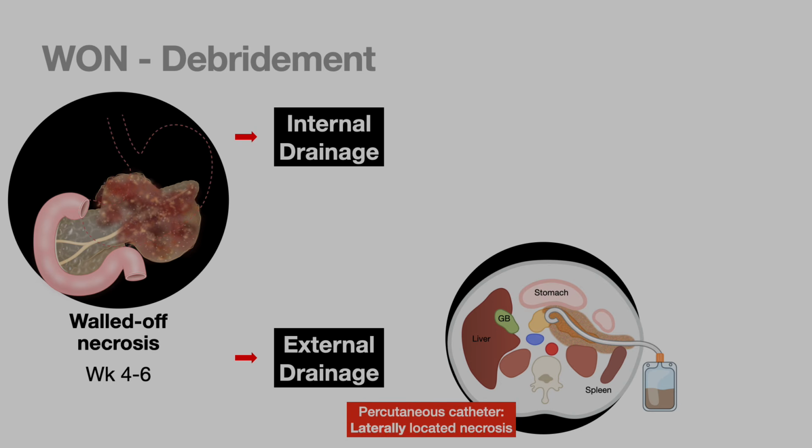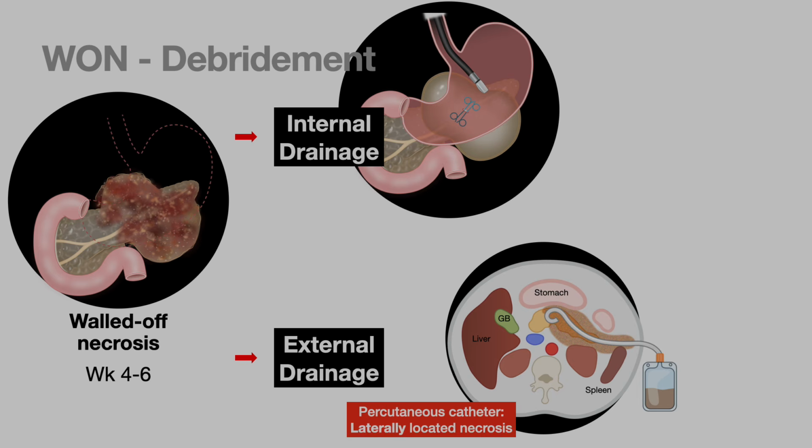And once you drain the fluid, and then if there is necrosis, through this percutaneous tract, one can do necrosectomy or removal of the dead pancreas tissue. Another option that is now very widely used is endoscopic drainage with the placement of plastic stents, especially if there is a lot of liquid necrosis that can be drained easily through this cystogastrostomy type of procedure.